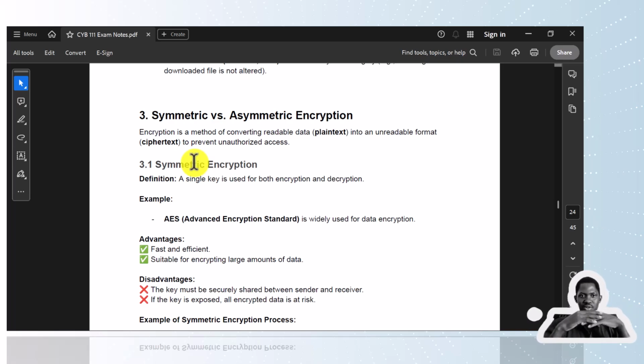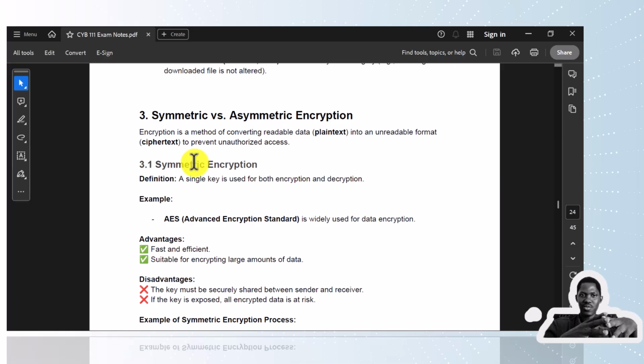The readable data is usually called plain text, and the unreadable format is called ciphertext, right? So that's the definition of encryption as a whole. Then we pick it one by one: we'll pick symmetric, and then we'll later talk about asymmetric.